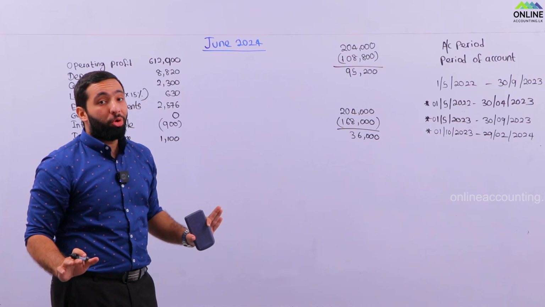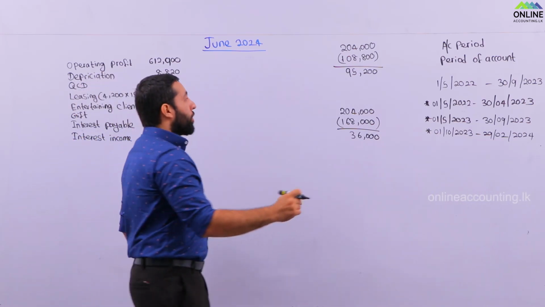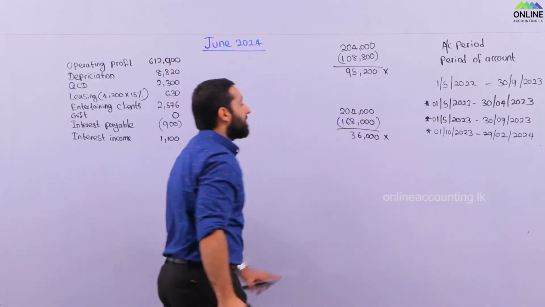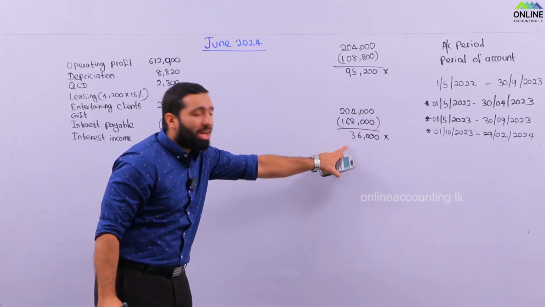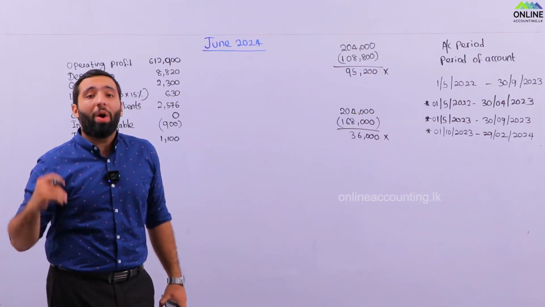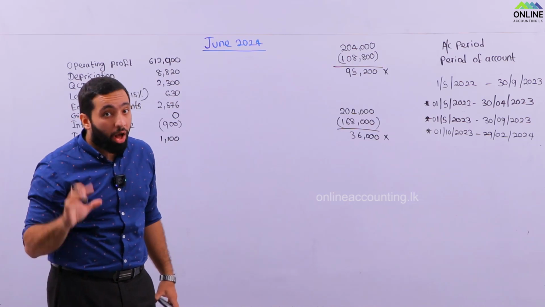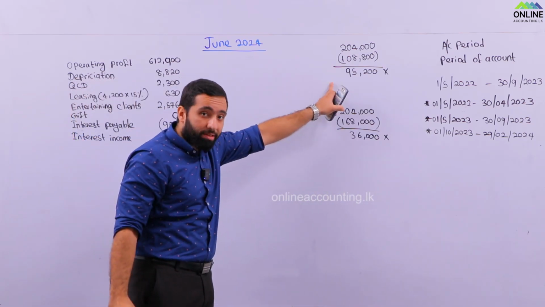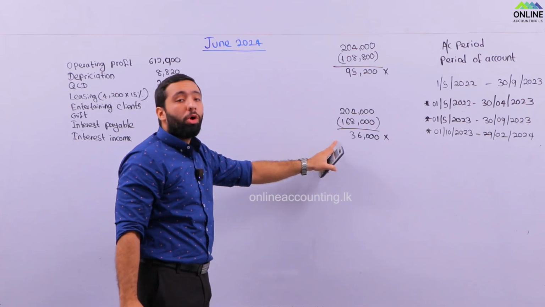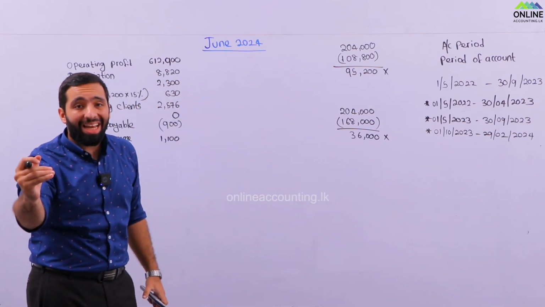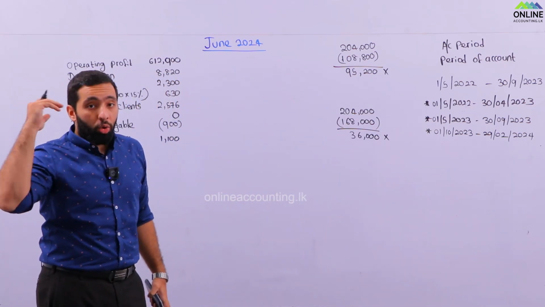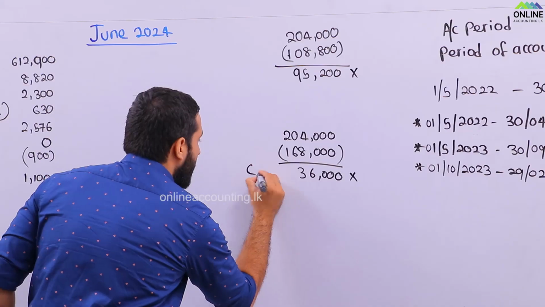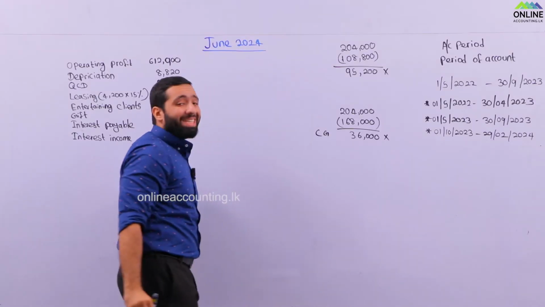Now what you need to do in this situation, you have to identify the lower value. This is the lower value, and this is what has to be included as your chargeable gain. Because this amount is lower, you need to take it as the rollover. You can't take the entire amount, but this is your chargeable gain, CG.